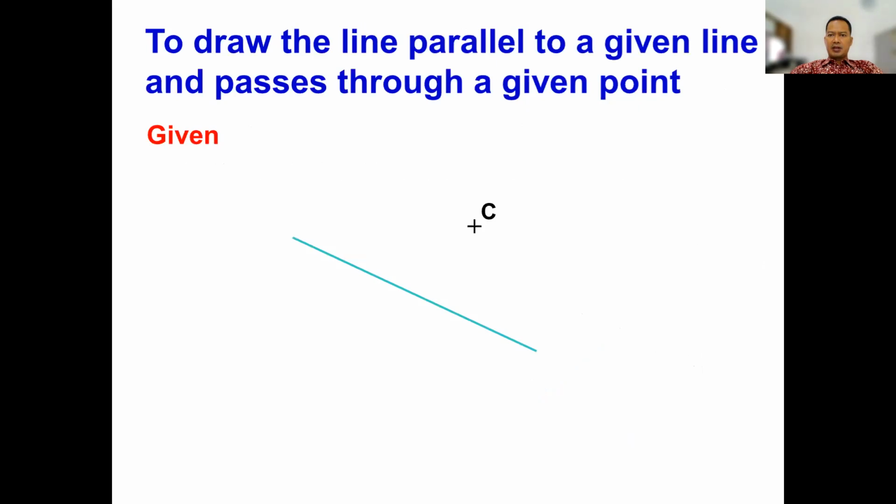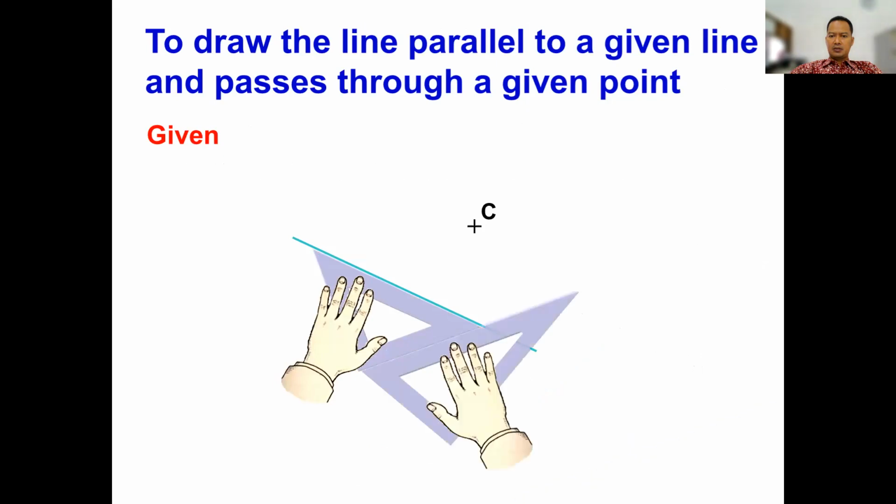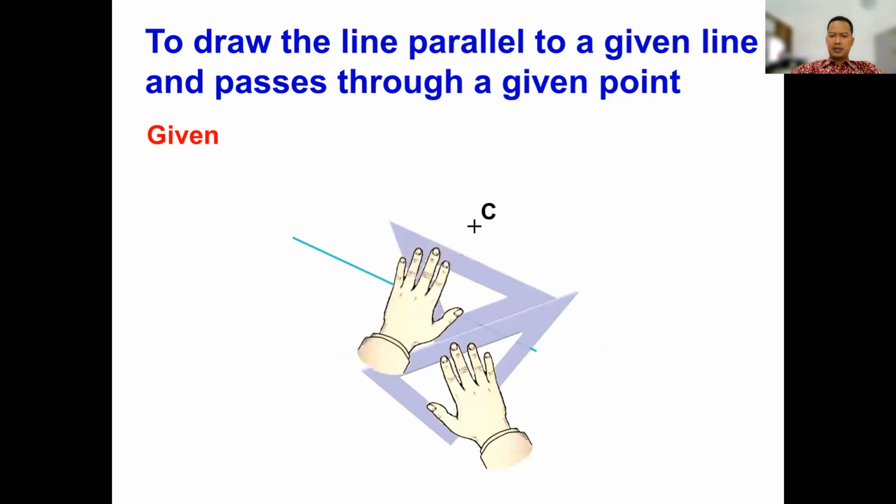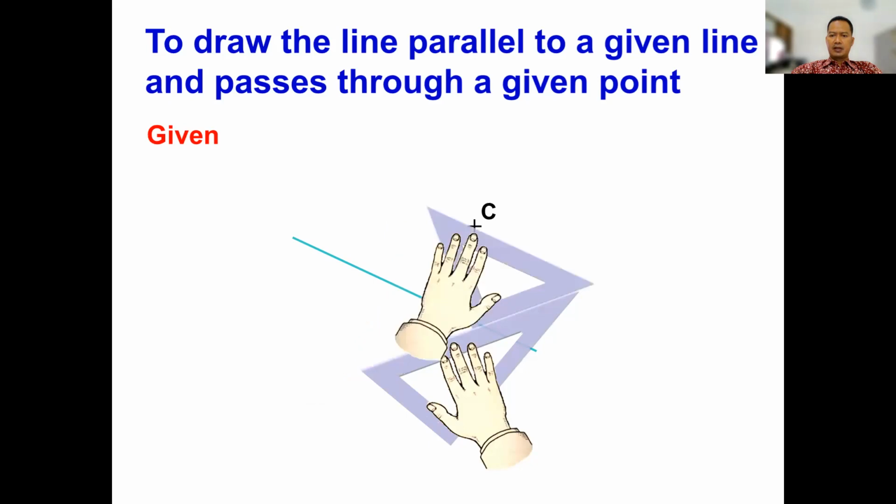To draw a line parallel to a given line and passing through a given point, for example the given point is C, you put the triangles like this, and then move the other one, and you will make a parallel line.